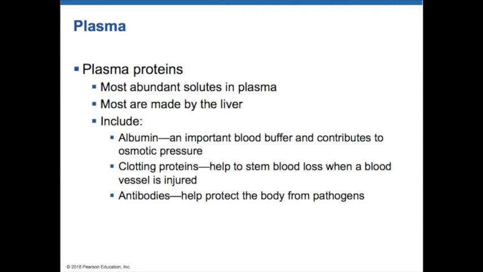And the third, very important type of protein that we're going to find in plasma includes antibodies. Remember, these antibodies are responsible for helping you fight any type of infection and create an immune response to those pathogens.